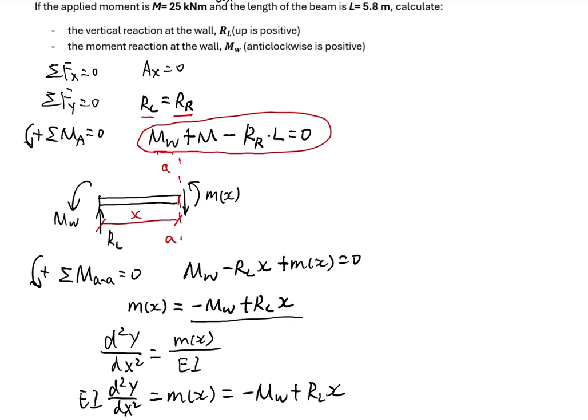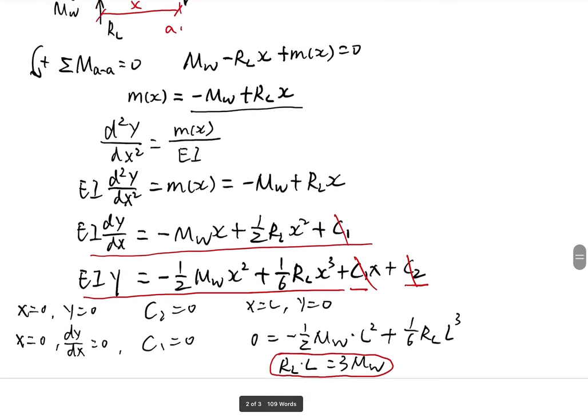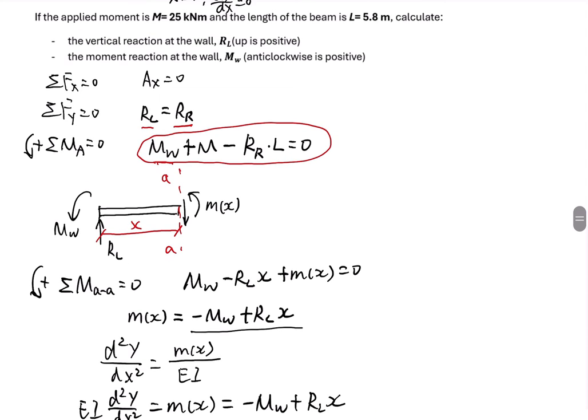So we just solve here. If we plug in here, from this equation we know MW plus M minus RL L equal to 0, and RL, as shown here, RL equal to RR, so we can just change here: RL L equal to 0.